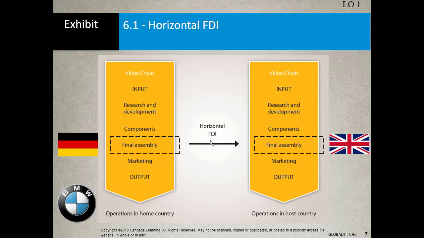So let's see what we have here, following your book, by the way, this is page 89. Horizontal FDI, there we go: BMW, home country, final assembly in Germany. Example of horizontal FDI, boom, final assembly also in the host country, the UK. We're done, easy peasy. Now let's look at vertical.